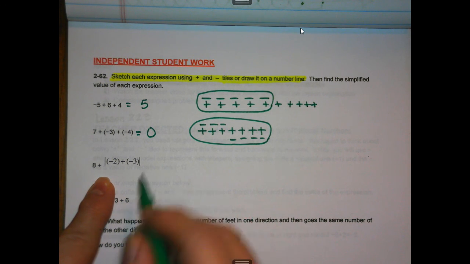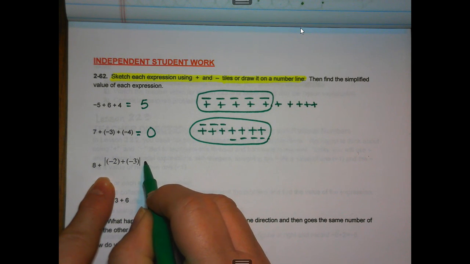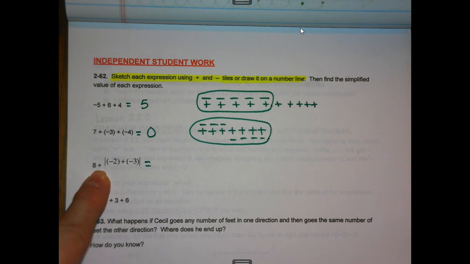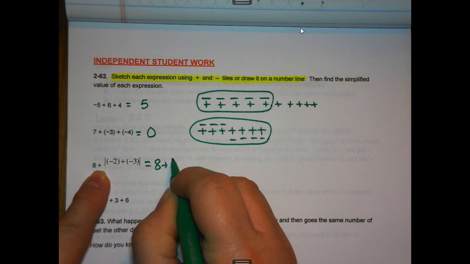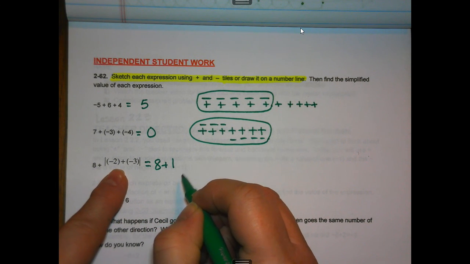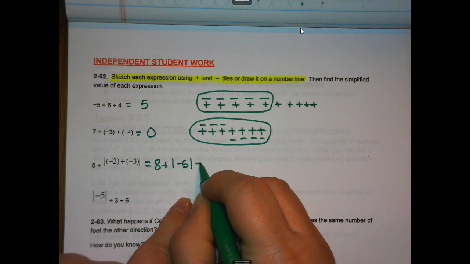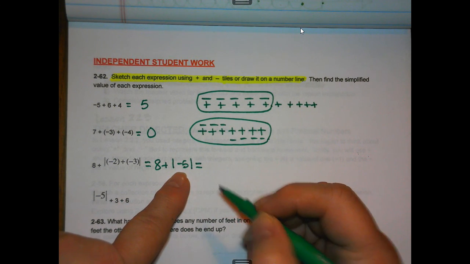This problem, I would rewrite before I even do anything to solve it, because rewriting would be the first step in solving it. This would be 8 plus the absolute value of -5, which would be 8 plus 5, because the absolute value of -5 is 5.